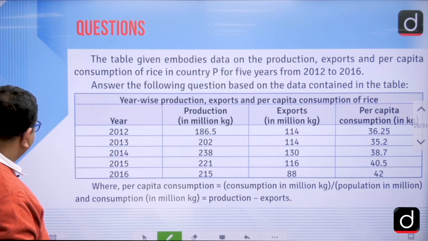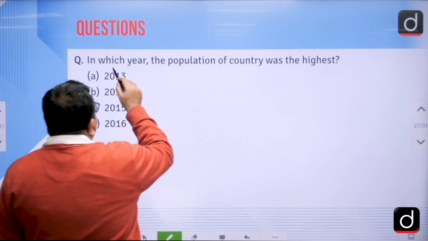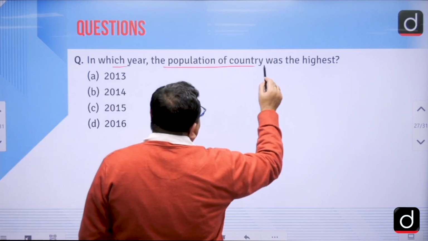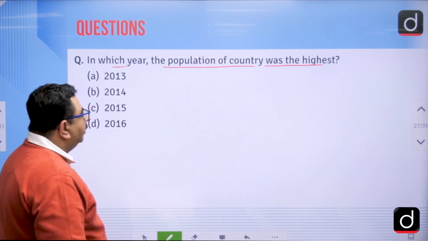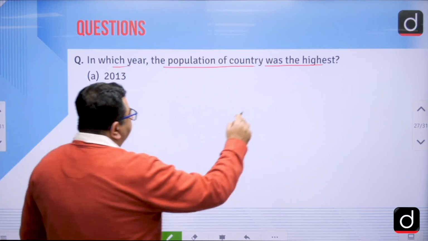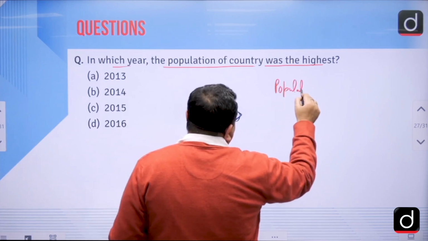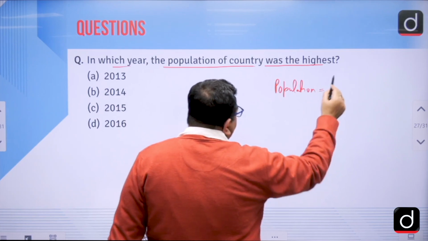Right, now again the same table. Let's see in which year the population of the country was the highest. So again, for finding out the population, we know that population is equal to what?